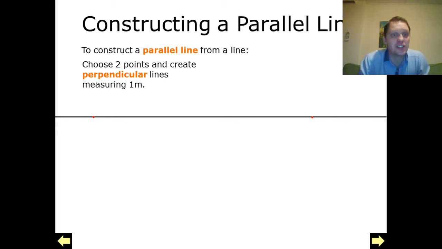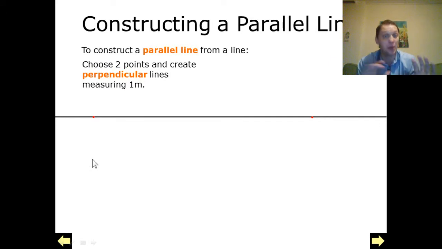So first thing that I'm going to do, I'm going to choose 2 points along this line. Now there is a number of methods that we could use for this, but the ones most widely used is that first of all you create a perpendicular line, which we've seen on a previous clip, and we measure 1 meter away from this.